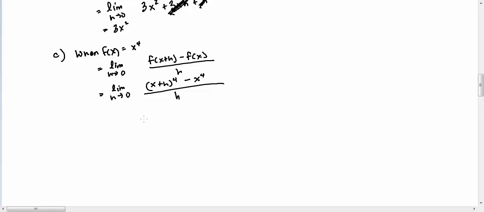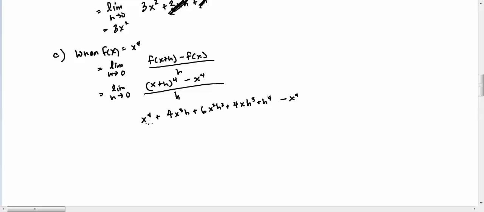It is x to the 4th plus 4x cubed h plus 6x squared h squared plus 4x h cubed plus h to the fourth power. That is what x plus h to the fourth power is. It's giant. Then I have the minus x to the fourth power.